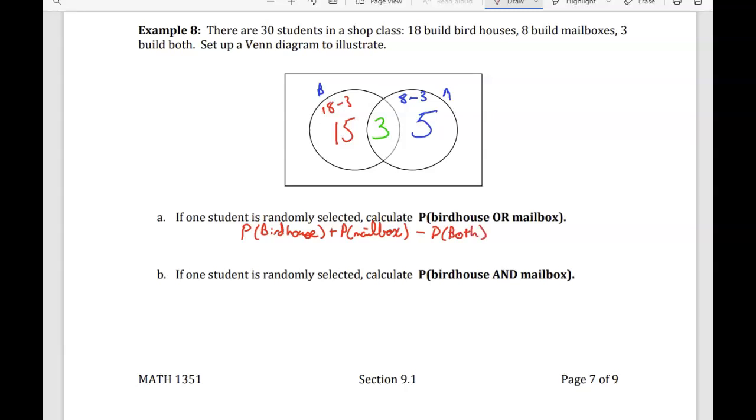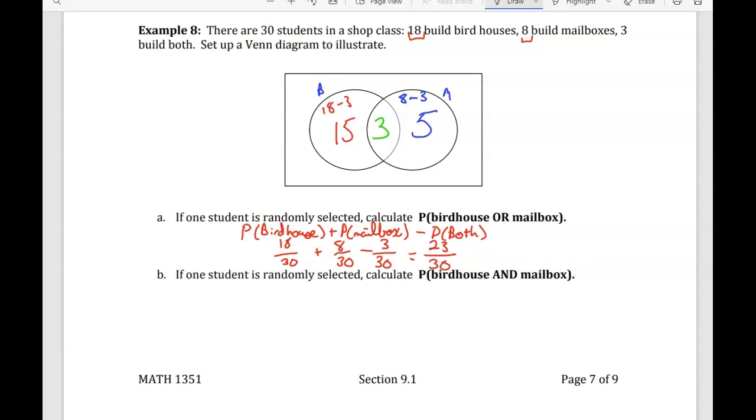So birdhouses would be 18 out of our total of 30. Mailboxes would be 8 out of 30. So 18 and 8 would give us 26. But then we have to subtract out our 3 out of 30. So that would give me 23 out of 30.